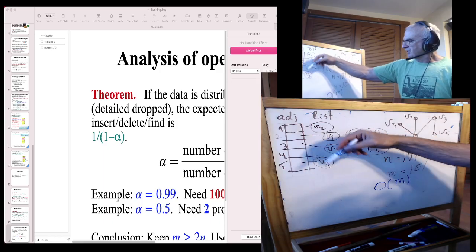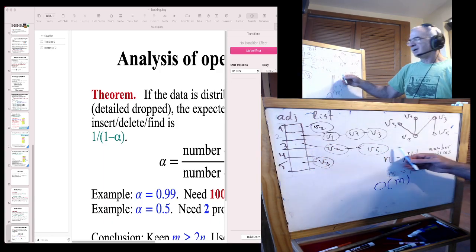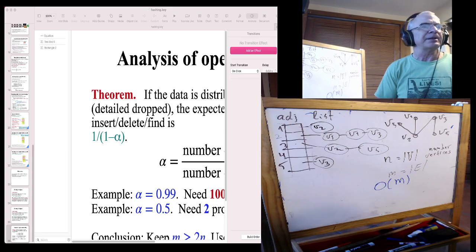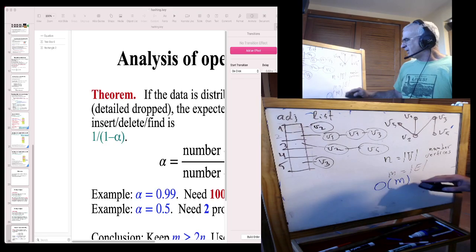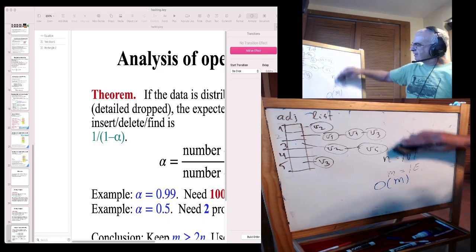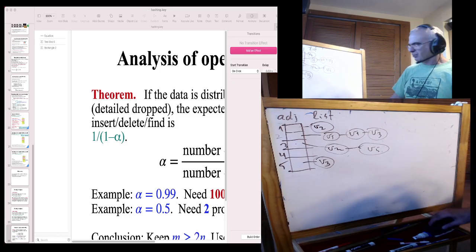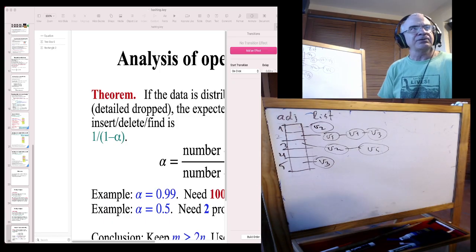The only way to do it is to go to the list of V3 and scan this whole list. Maybe there are plenty of vertices. So checking if there is an edge might take linear time, but other operations like scanning all the vertices are much faster. And the other way to store the graph?